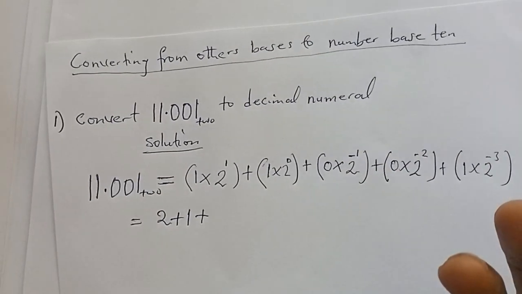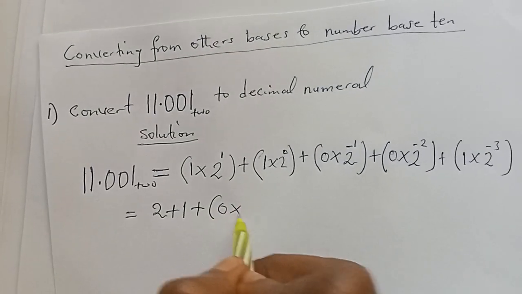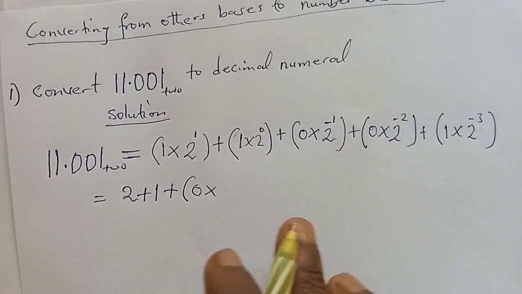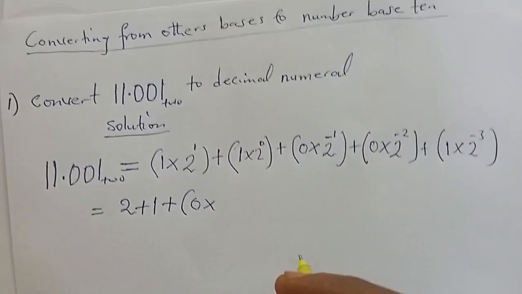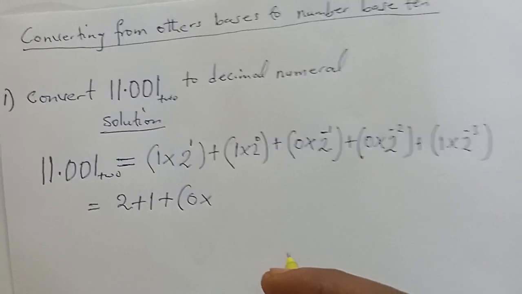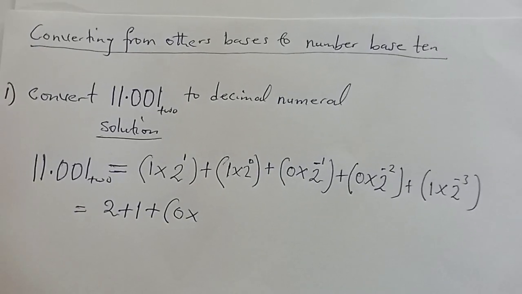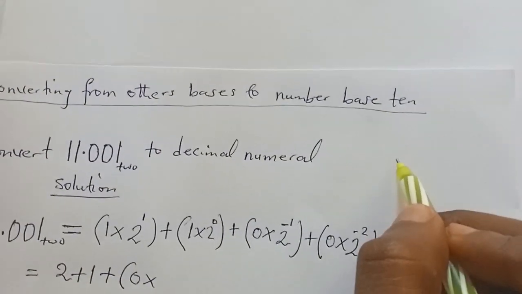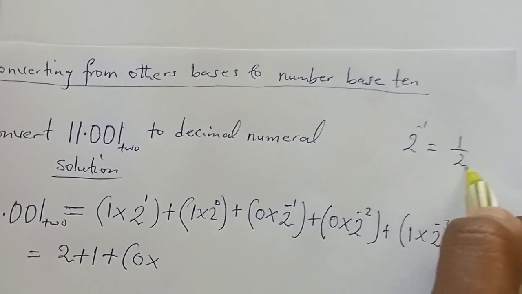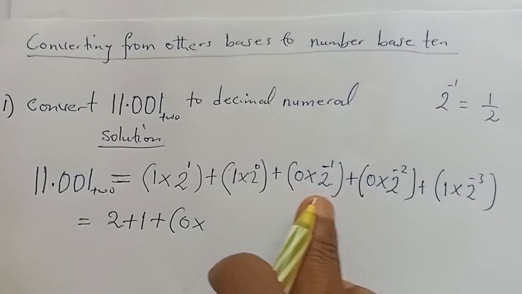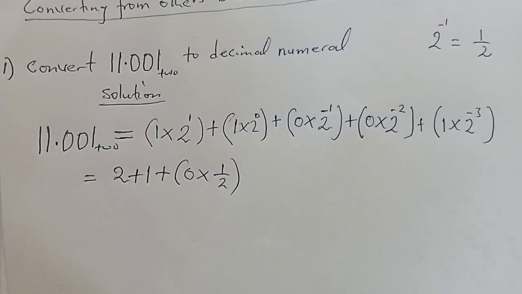Plus, we come in here. Now this is very easy. We say 0 times, and according to the law of exponents, 2 to the power of minus 1 is the same as saying 1 over 2. So this term can be written as 1 over 2.